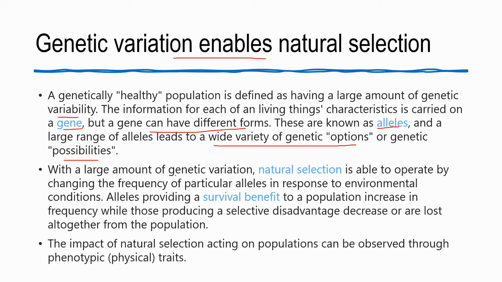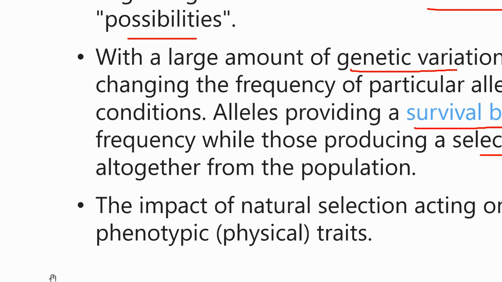With a large amount of genetic variation, natural selection is able to operate by changing the frequency of particular alleles in response to environmental conditions. Alleles providing a survival benefit to a population increase in frequency, while those producing a selective disadvantage decrease or are lost altogether from the population. The impact of natural selection acting on a population can be observed through phenotypic or physical traits.